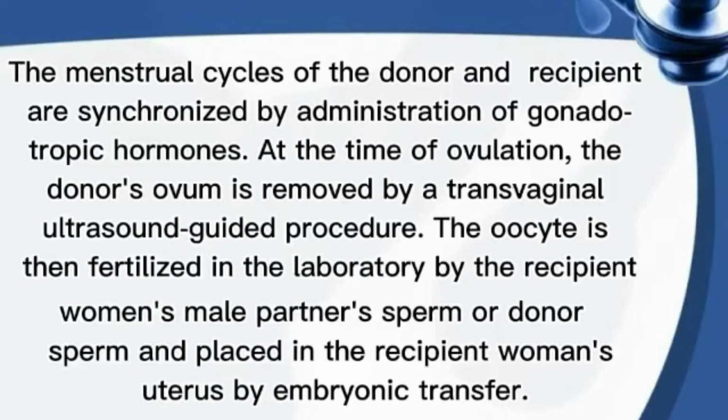The donor's ovum is removed by a transvaginal ultrasound-guided procedure. The oocyte is then fertilized in the laboratory by the recipient woman's male partner's sperm or donor's sperm and placed in the recipient woman's uterus by embryonic transfer.